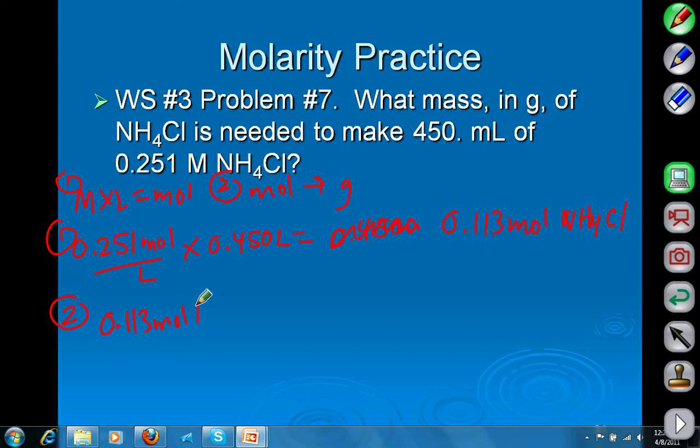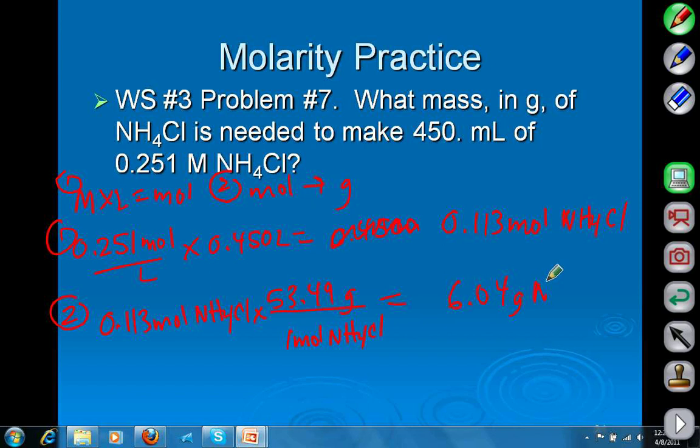Now step 2, we have to change those into grams. 0.113 moles of NH4Cl. And we know for 1 mole of NH4Cl, we can find the molar mass by adding up the N's, H's, and Cl's, and we'll get 53.49.